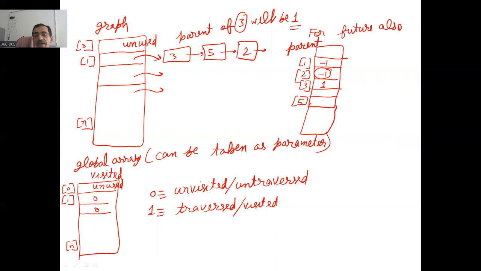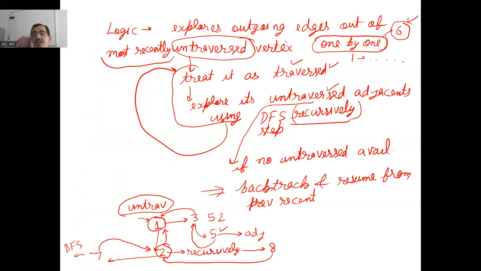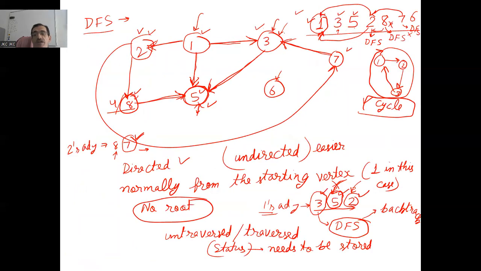So 5's parent will be 3, because due to depth first applied on 3, I reached this node. 3's parent was 1. 8's and 7's parent will both be 2, because both came via 2.